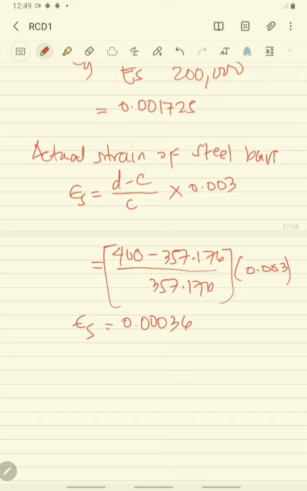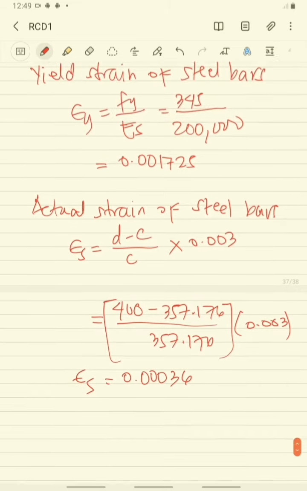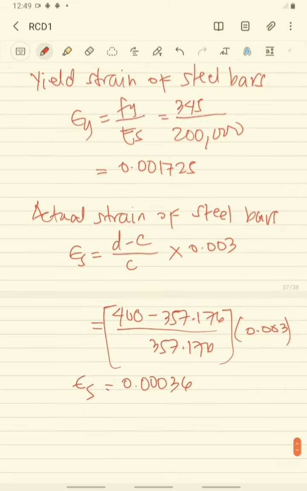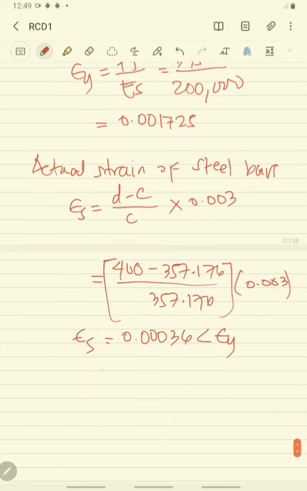Okay, so we have to compare this to the yield strain, and this is less than the yield strain. So we can say the beam is over reinforced.